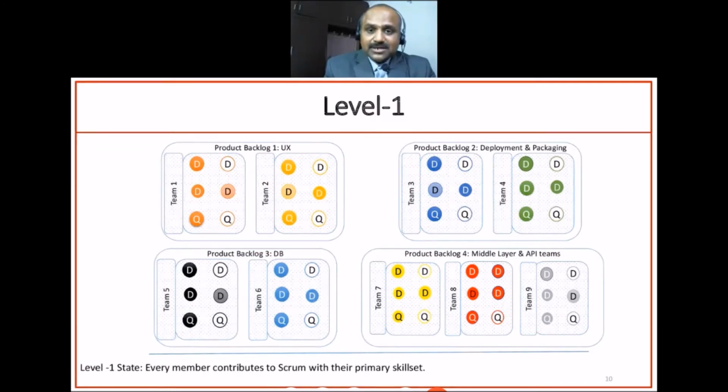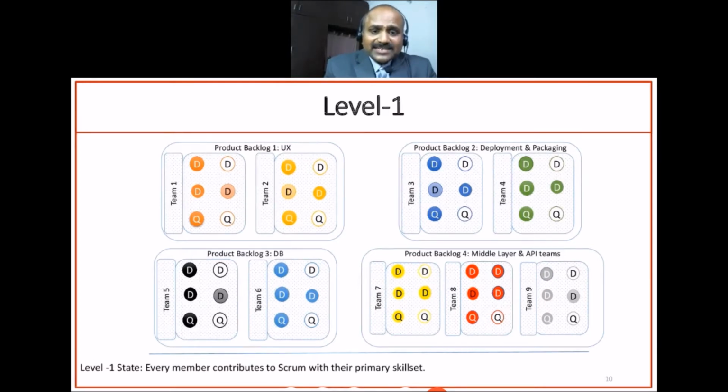That means today teams are organized based upon the components. That's why the product backlog is also structured in that aspect. That's why you have a product backlog for UX, product backlog for deployment and packaging, product backlog for database, and product backlog for middle layer and API teams.